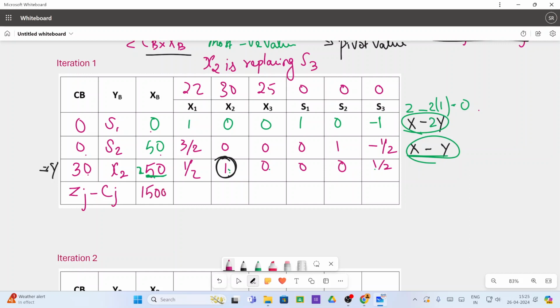And the next one is 30 into half, which is going to be 15. 15 minus 22 is going to be minus 7, and the next one is 30 minus 30, which is 0. Just wait, we may have done something wrong.